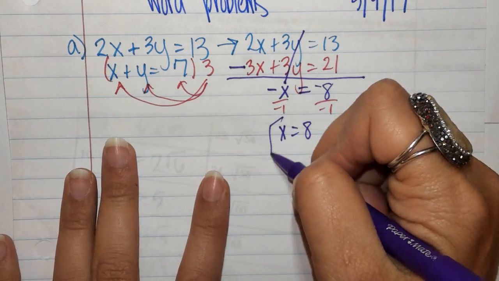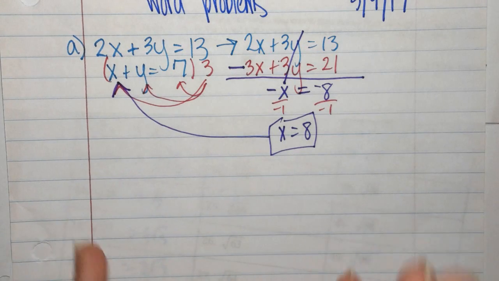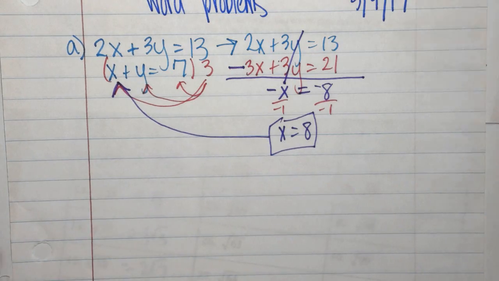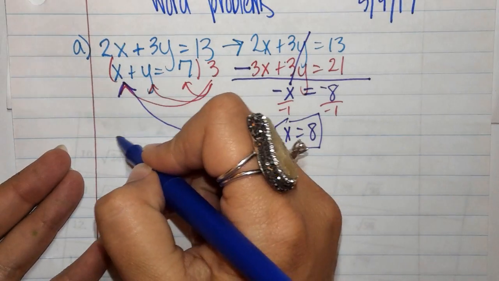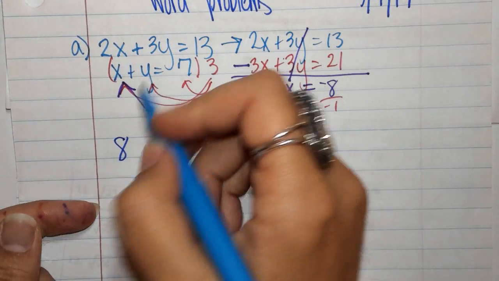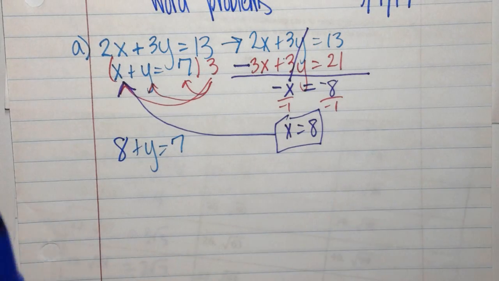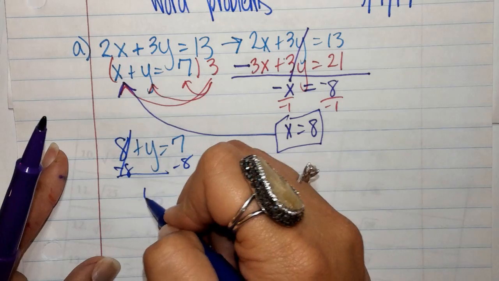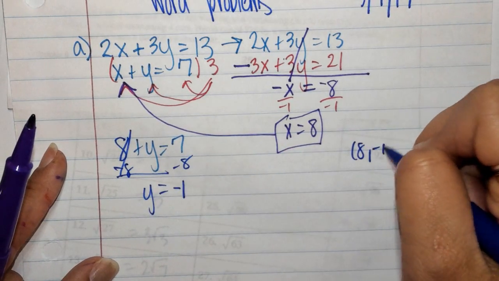Does it really matter where we plug it in? No, because no matter where we plug it in, we're going to get an answer. So I'm going to write 8 plus y equals 7. Minus 8. And you get y equals negative 1. So our answer is 8, negative 1.